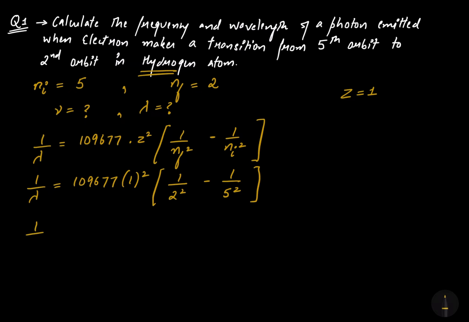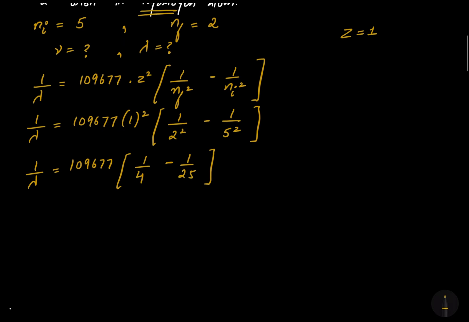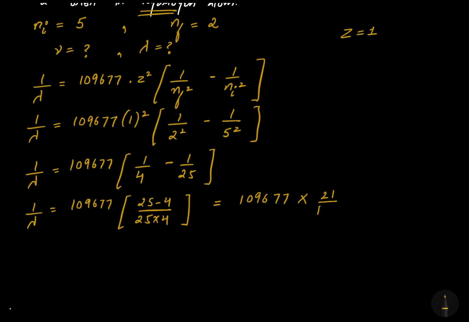So 1 by lambda comes out to be 109,677 into 1 upon 4 minus 1 upon 5 square, which is 25, so 1 by 25. So 1 by lambda comes out to be 109,677 into 25 minus 4 divided by 25 into 4. I have taken the LCM, and this comes out to be 109,677 into 21 divided by 100.